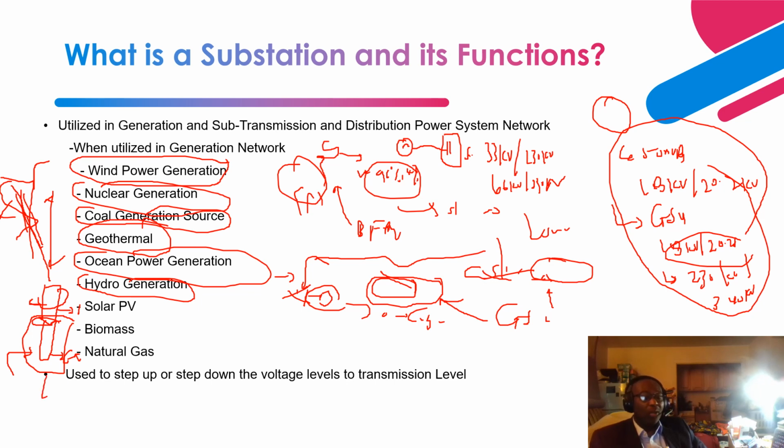That is how you get voltage at the output of the hydro generator. Let's say the output voltage is 13 kV. Then it goes through a GSU, generator step-up transformer, similar to the other sources of power generation, and it steps the voltage up to either 115 kV, 230 kV, or 345 kV transmission level voltage.